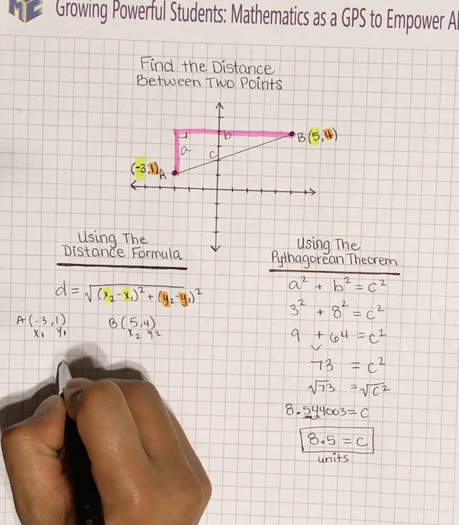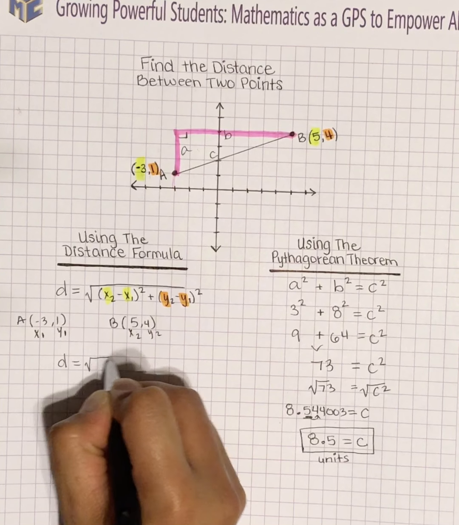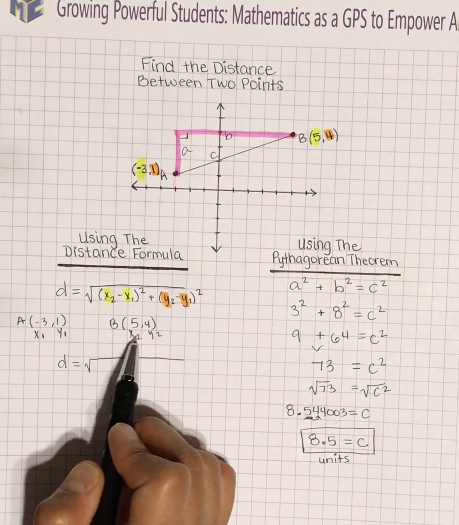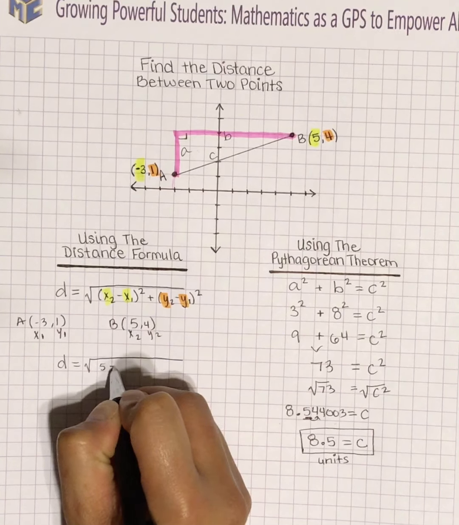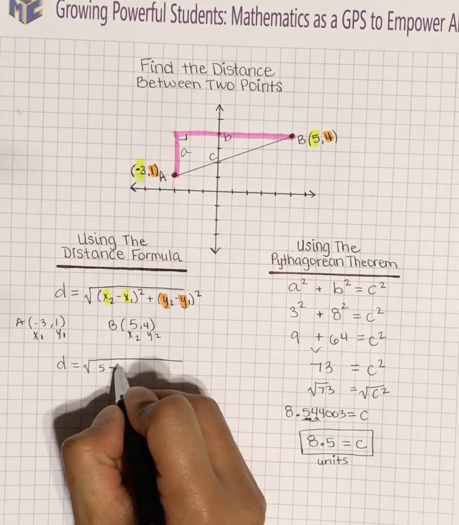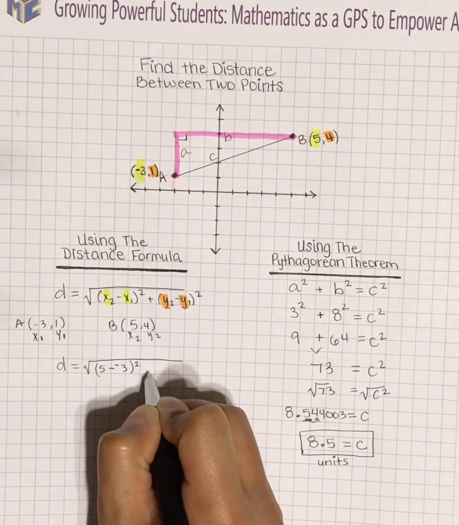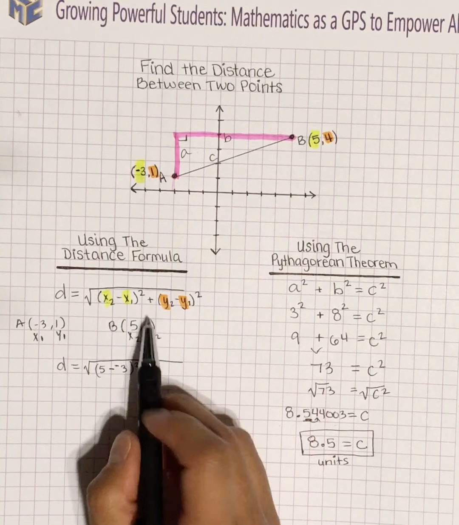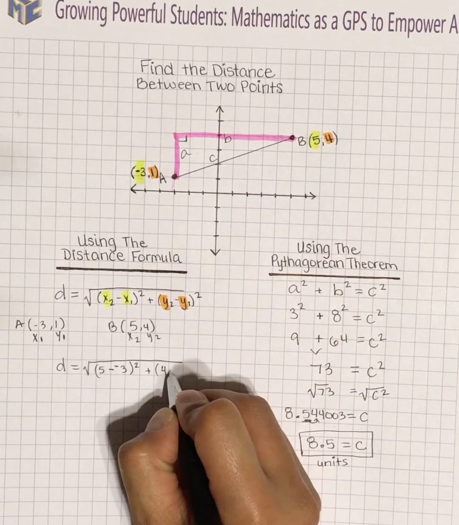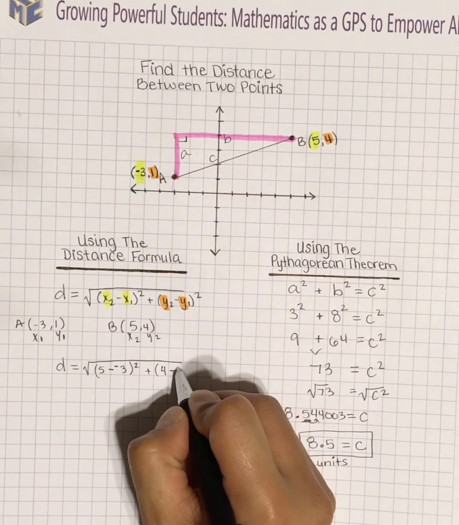So distance equals the square root. x2 is 5, so 5 minus -3. Watch your negative signs there. And y2 is 4 minus y1.